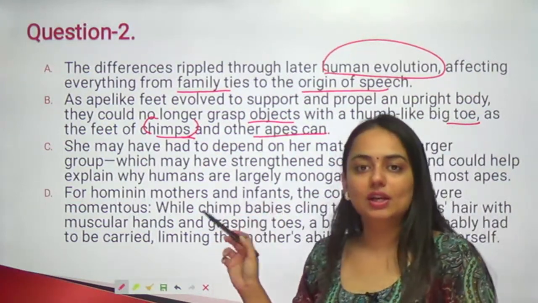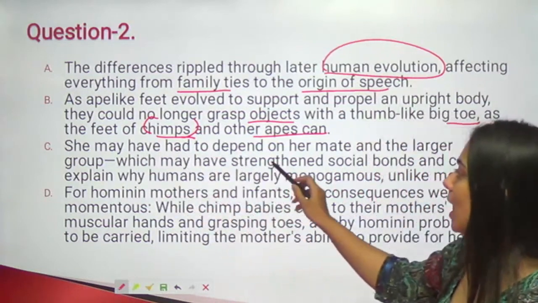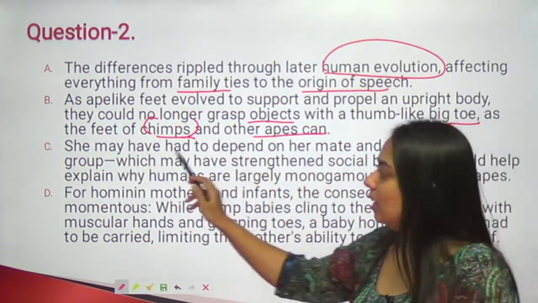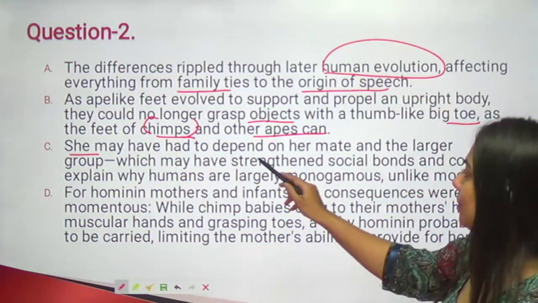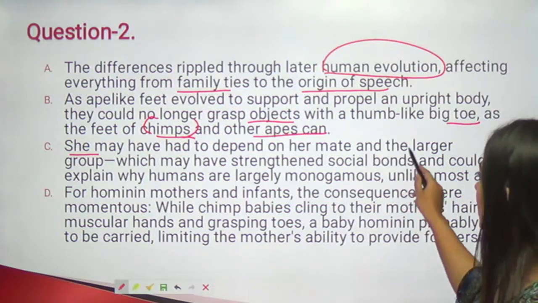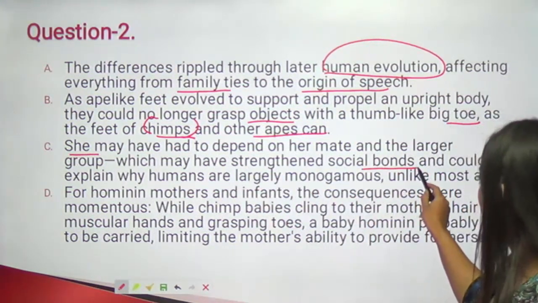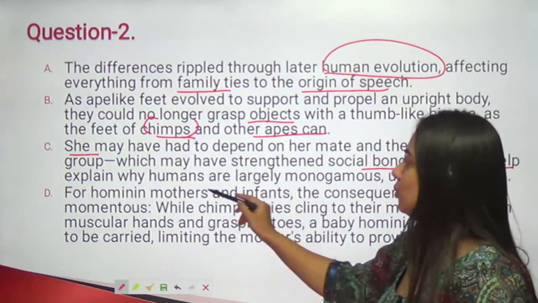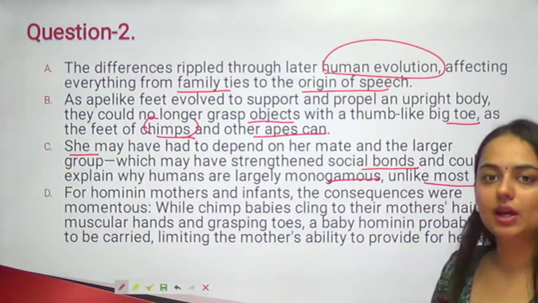So can you see? The subject is similar in the first two sentences. She may have had to depend on her mate. Now, this makes us wonder, who is she? Who are we talking about? She may have had to depend on her mate and the larger group, which may have strengthened social bonds and could help explain why humans are largely monogamous, unlike most of the apes.